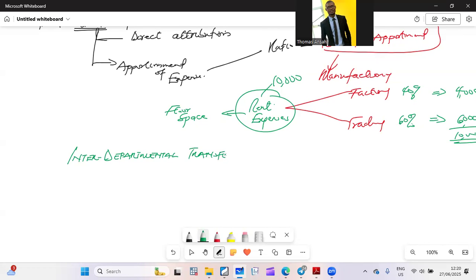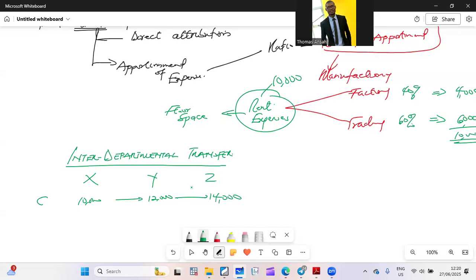We will be using manufacturing account to understand these things a lot, because a department X can transfer something that cost it 10,000 to department Y as 12,000, and department Y can also transfer it to Z as 14,000. So there can be interdepartmental transfers.